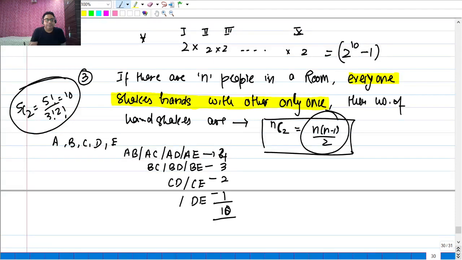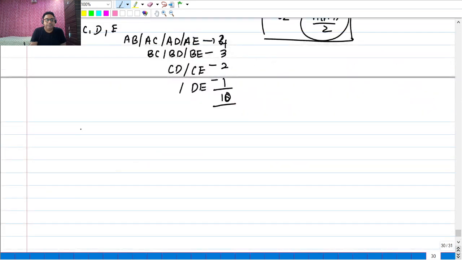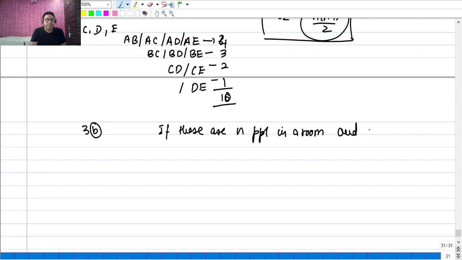So you can write it as 3A. Then comes the next one, 3B. So I say if there are n people in a room and, this is a COVID time, they greet each other by namaskar, or you may say sat sri akal or adab, right?